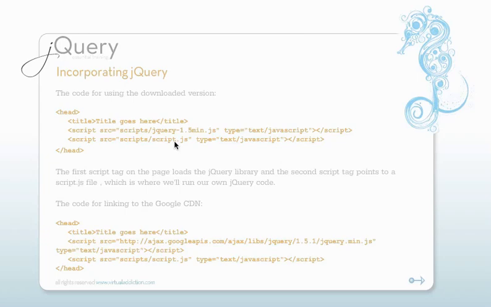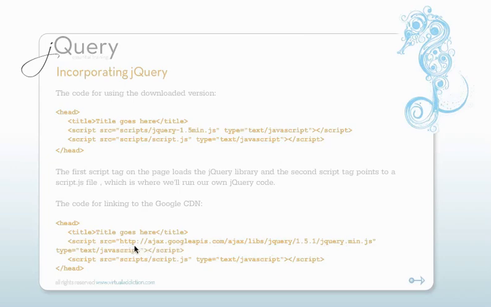You can include the jQuery library via the same method, and in order to include jQuery from the Google CDN, you're going to use a similar type of code inside your head tag, but your script tag now is just going to point to where the jQuery library resides on the Google server.